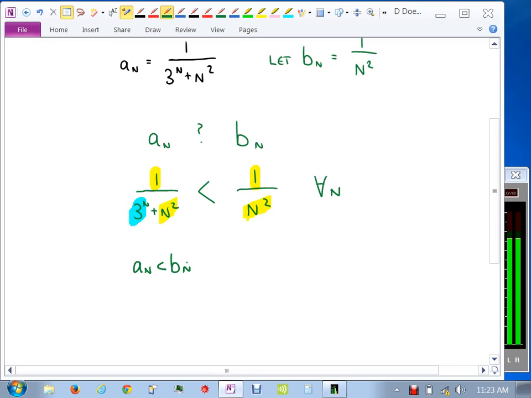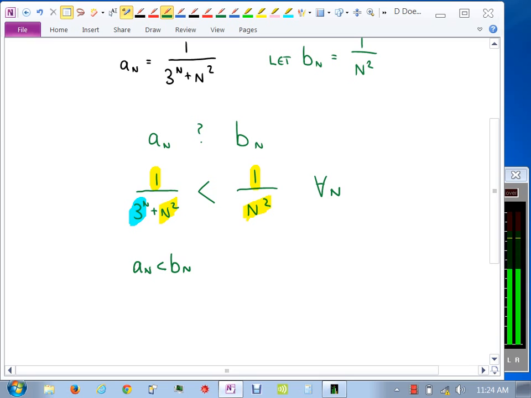Now, if you look at your comparison test, when a sub n is less than b sub n, what do you have to have happening with b sub n? The series converges, right? And does our b sub n converge? Yes. Then we're going to be able to use this test.